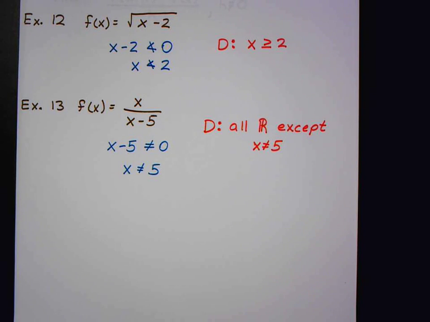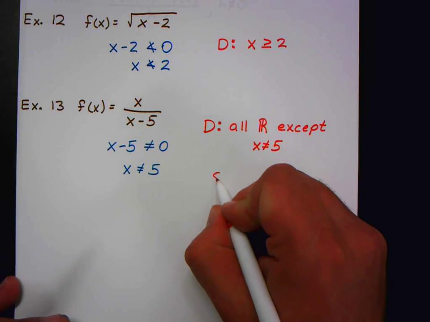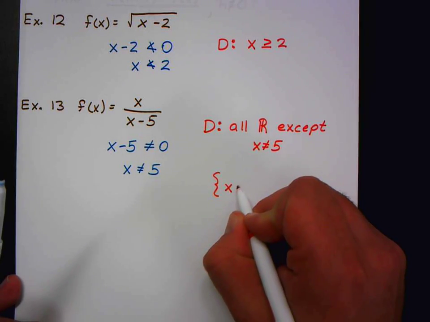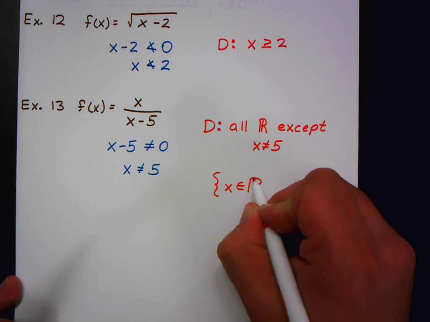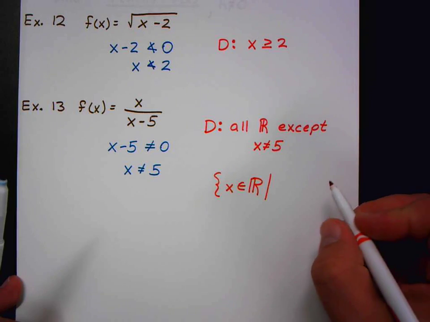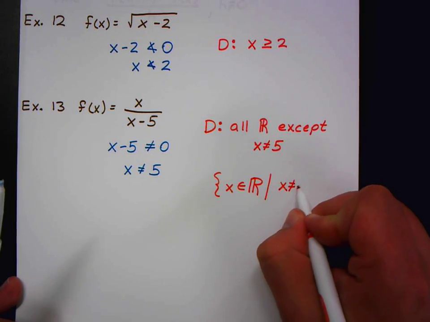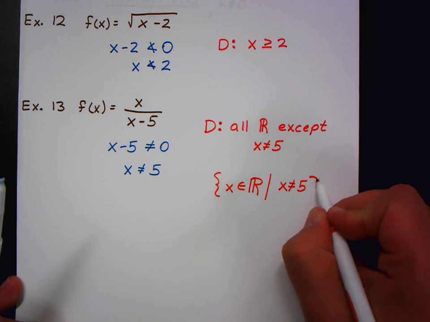If you have other ways of writing this, if another teacher has shown you in the past another way of writing that and you write it another way, I'm not going to get upset with you. You don't have to write it the way I show you. This is how I wrote it. There's ways of writing it in set notation where you do x is in the real numbers such that x does not equal 5.